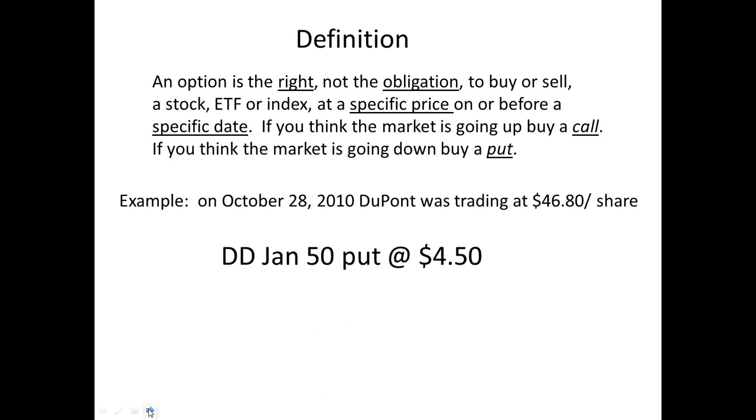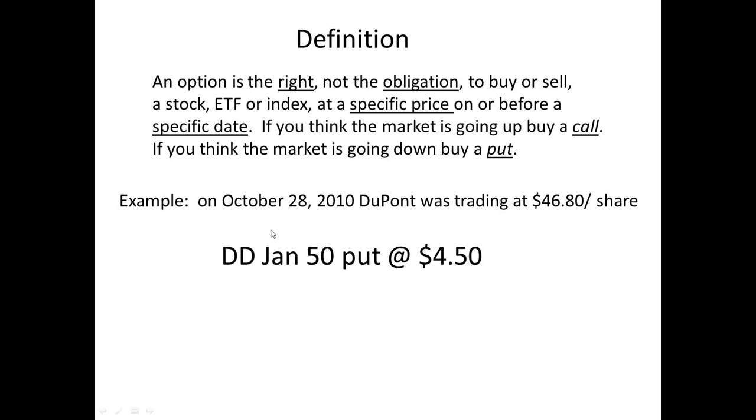Let's look at an example. On October 28th, 2010, DuPont was trading for $46.80 per share. You think that the market is going to be going down in DuPont, and you buy a January 50 put at $4.50. This is called the premium.